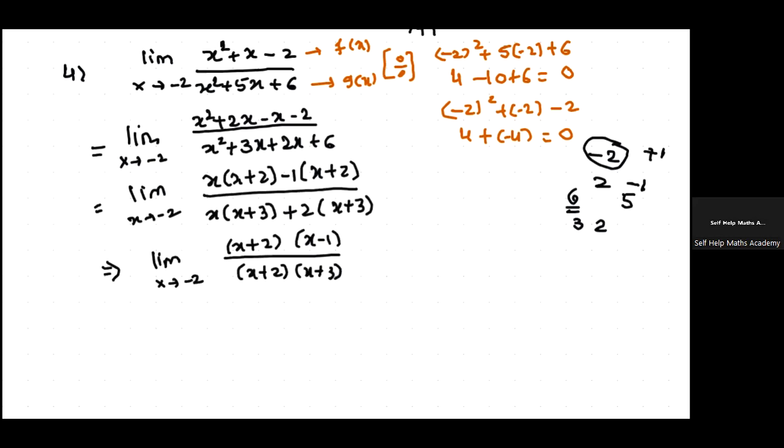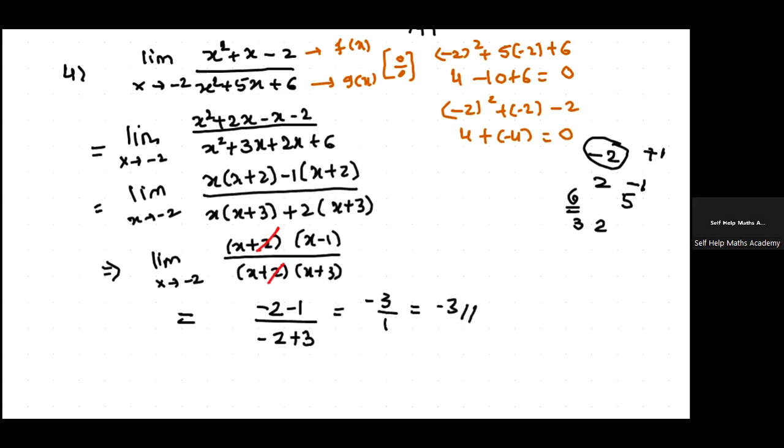I can cancel this, so you're simply left with x minus 1 divided by x plus 3. After substituting the value of negative 2, the denominator is still not 0. So just substitute the value of negative 2 in x. It is negative 2 minus 1 divided by negative 2 plus 3. The answer is minus 3 by 1, which is equal to minus 3. So this is the limit value for this particular problem.